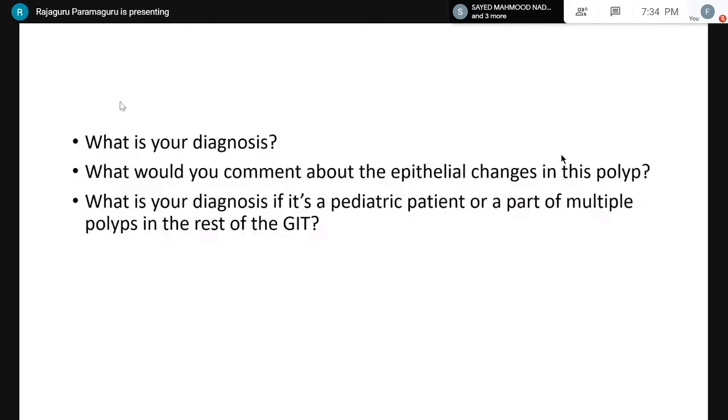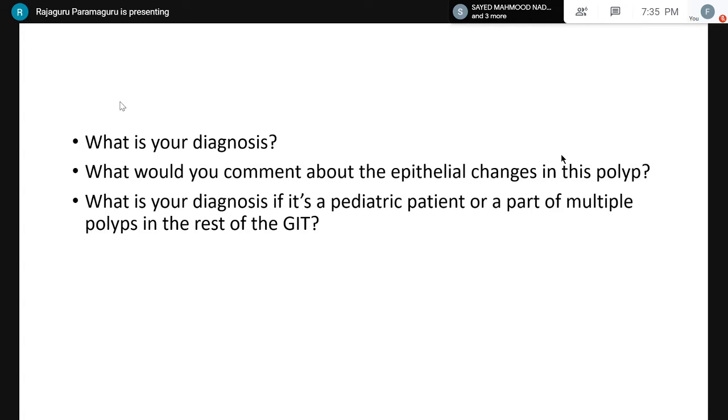If it is a pediatric patient, especially in the stomach, and if it is part of a polyposis of the GIT, then you can diagnose it as a juvenile polyp, because histomorphologically it is going to be very difficult to differentiate the two.